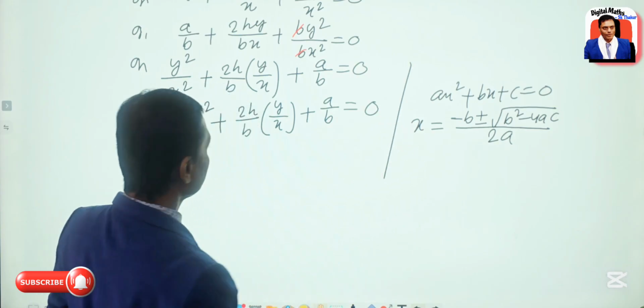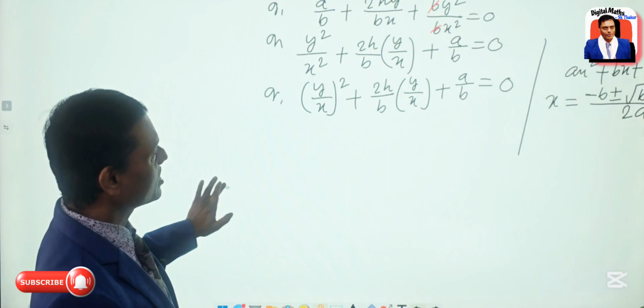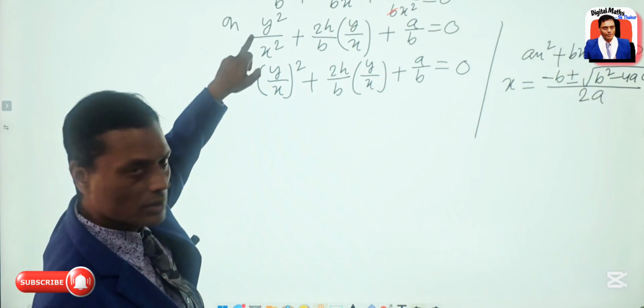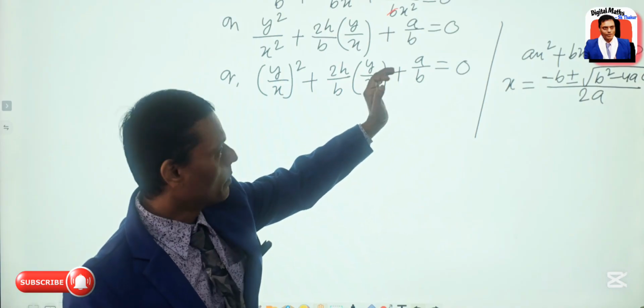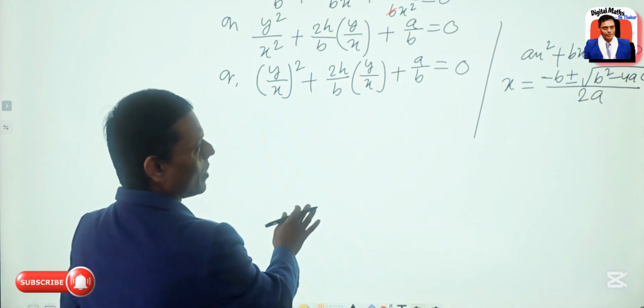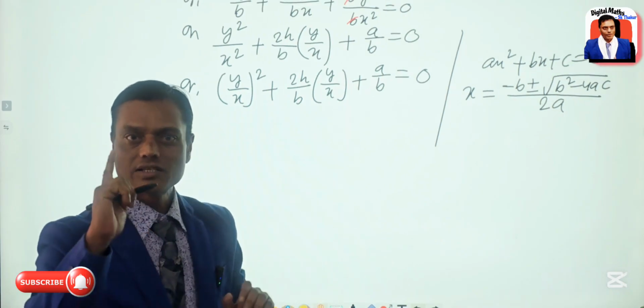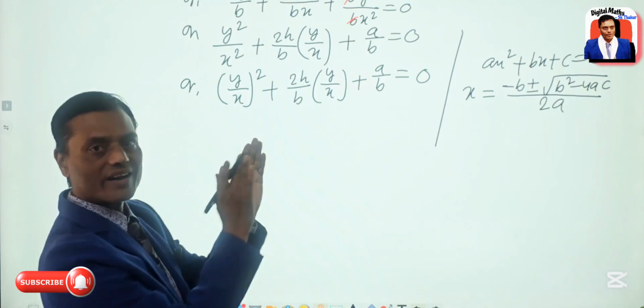So we can see in this equation also, y by x has power 2, y by x has power 1, and in this last term there is no y by x. So it is quadratic in y by x.